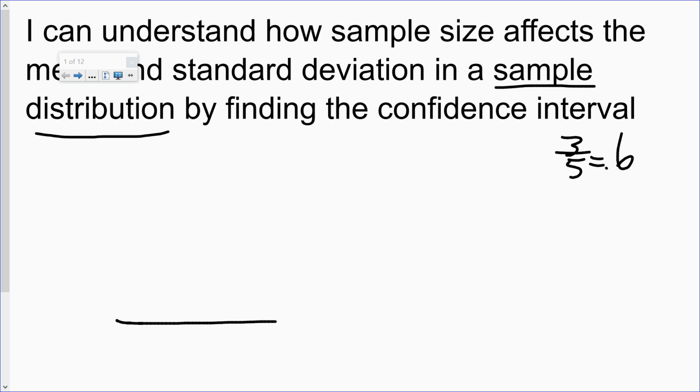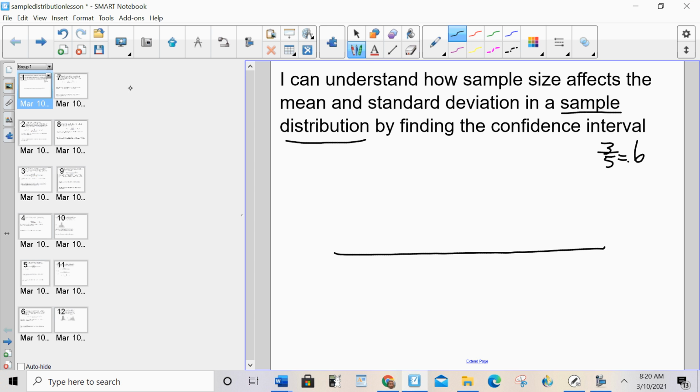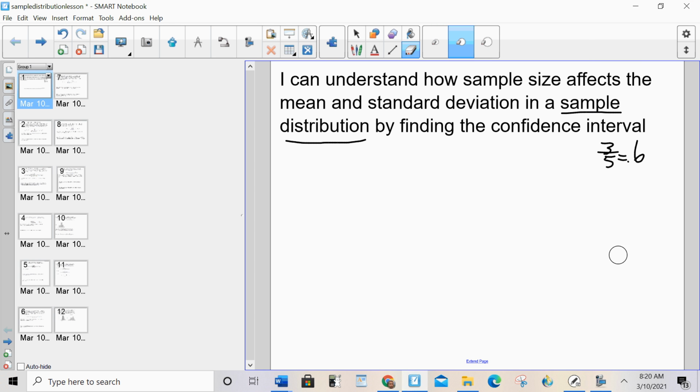So if I make this a little bit smaller. Now we'll do it big.